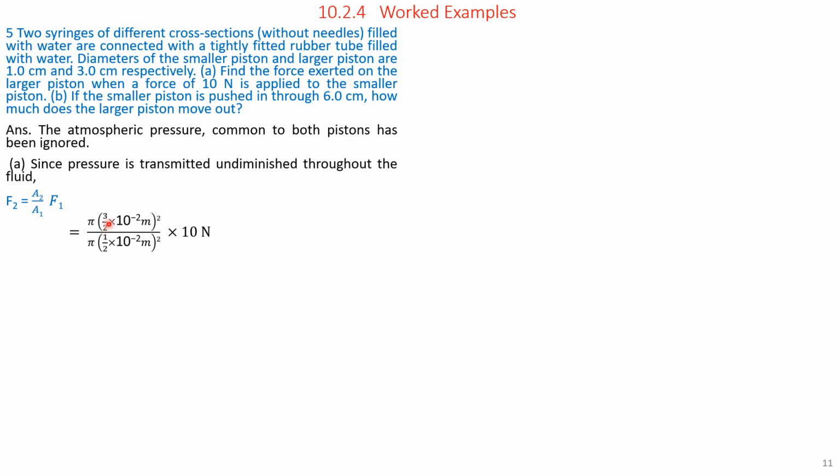Therefore, pi into (3 by 2 into 10 to the power of minus 2 meters) whole square. The minus 2 is a multiplier for converting centimeters into meters.